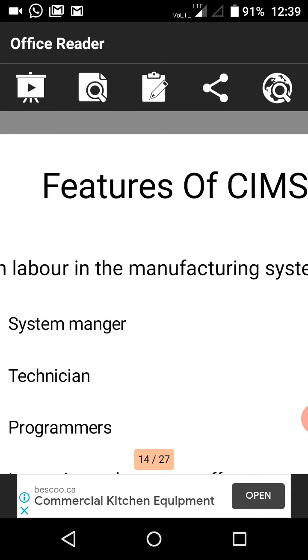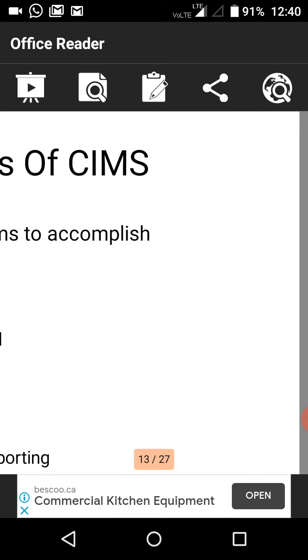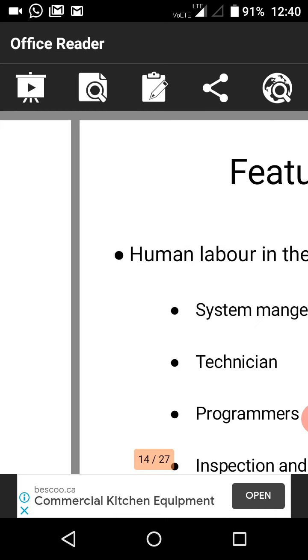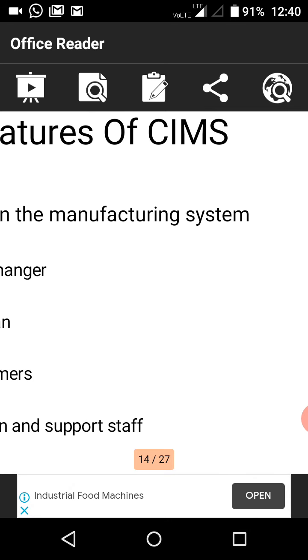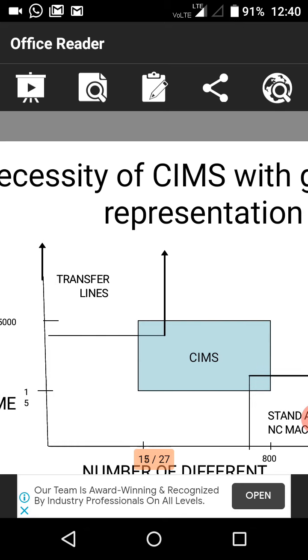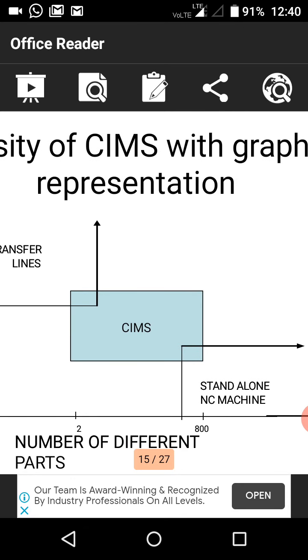So these are some more features of SIM. We have studied the features of SIM. Next, necessity of SIM with graphical representation. What is the diagram telling? The diagram indicates that SIM is the technique of using a computer to control an entire production process.